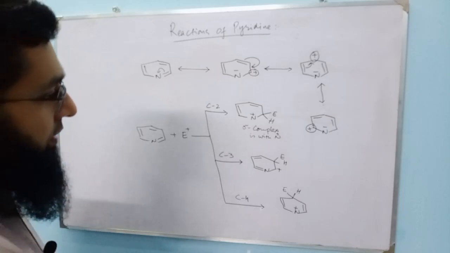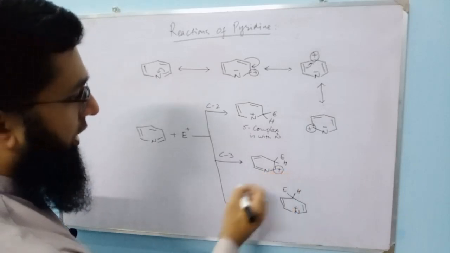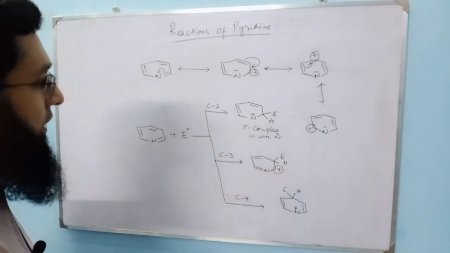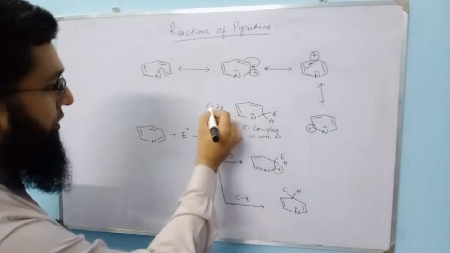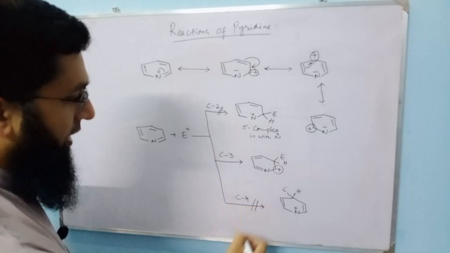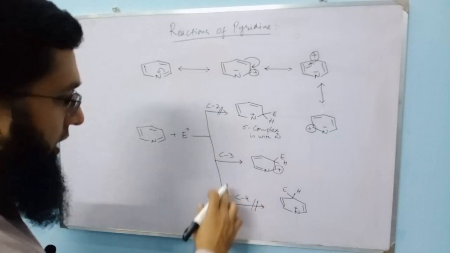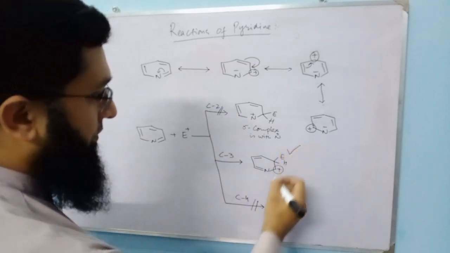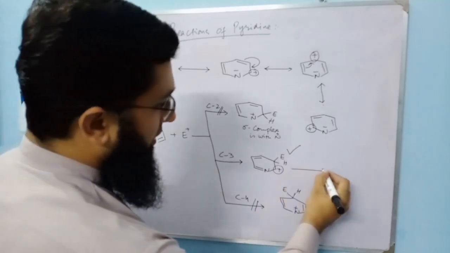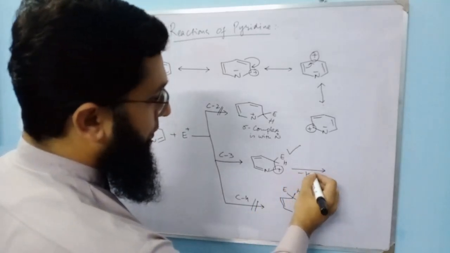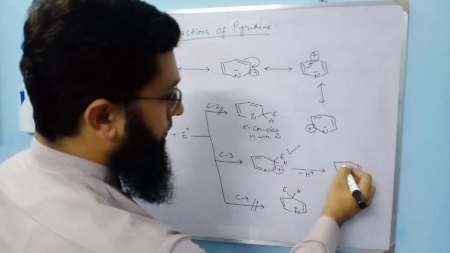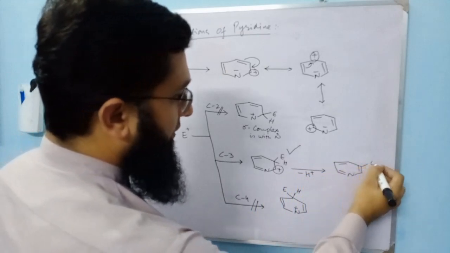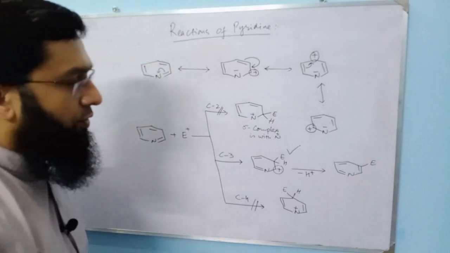So only this sigma complex is without N+. Therefore, because nitrogen is an electronegative atom, carbon 2 attack and carbon 4 attack is not favorable, only carbon 3 attack is favorable, and after removal of proton we will get 3 substituted pyridine.